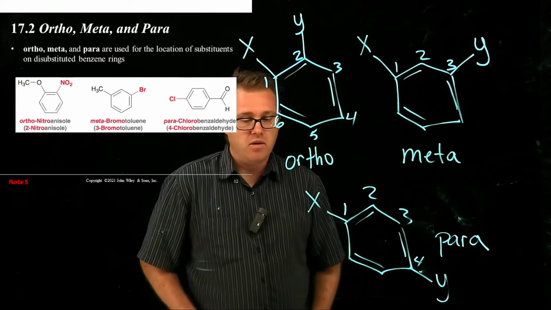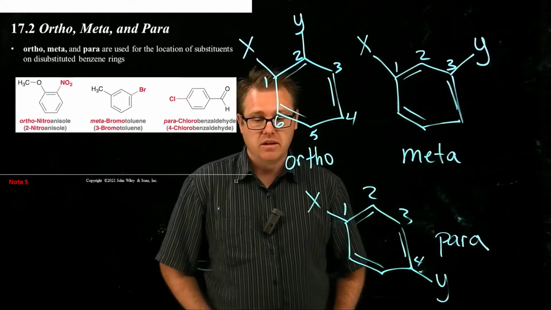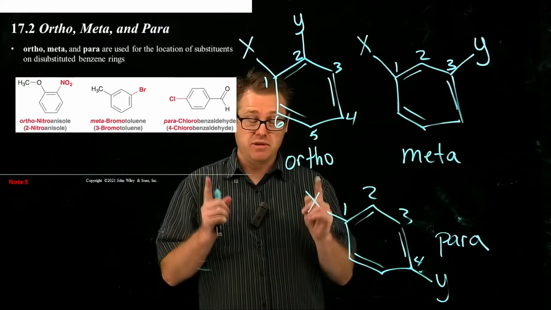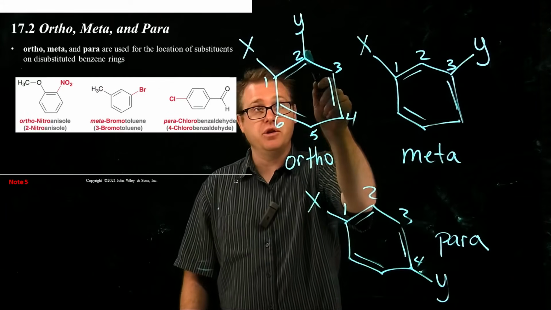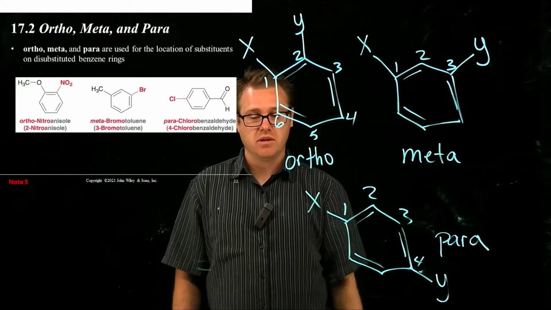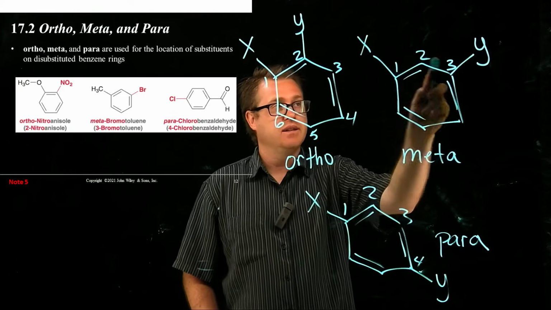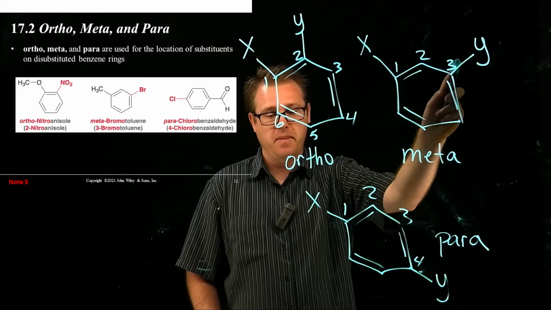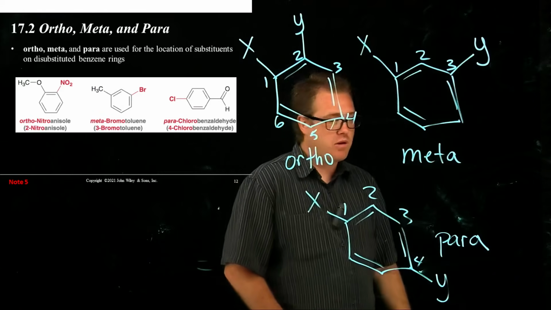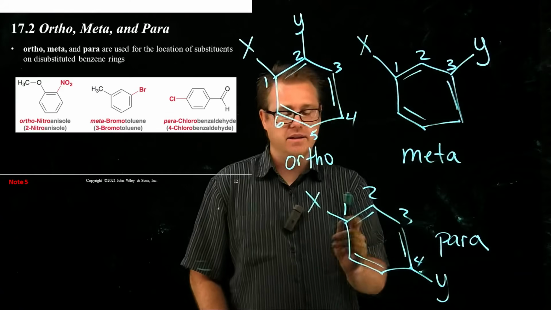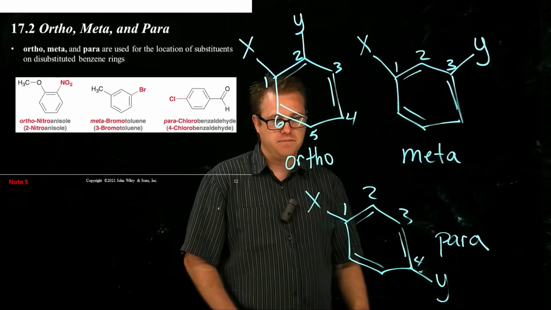So if you look at the orthonitroanisole, you can see that the 2 substituents are in a 1-2 relationship, so it's ortho. And then the metabromotoluene, you can see, is in the 1-3 relationship. And then the parachlorobenzaldehyde, you can see, is in the 1-4 relationship.